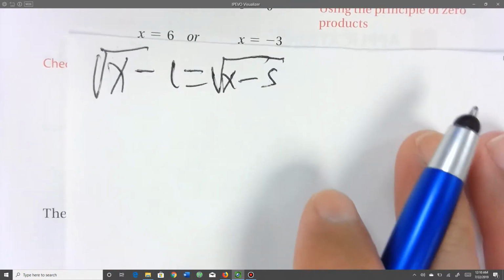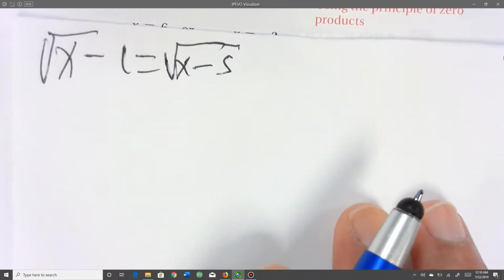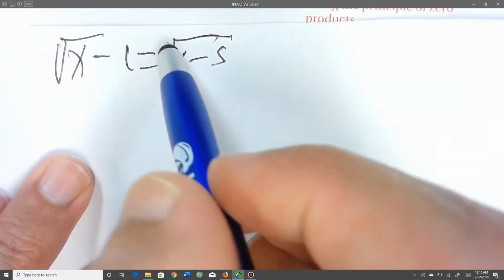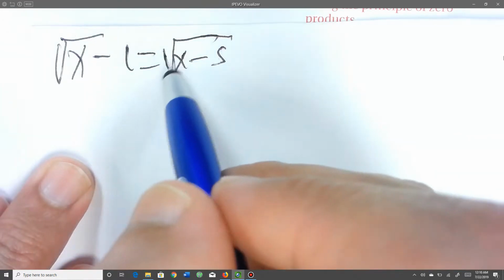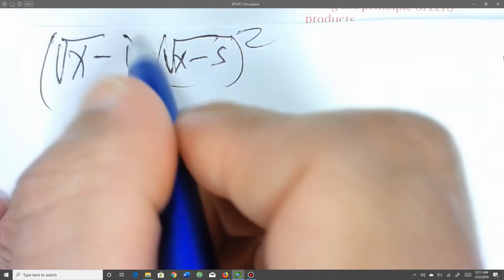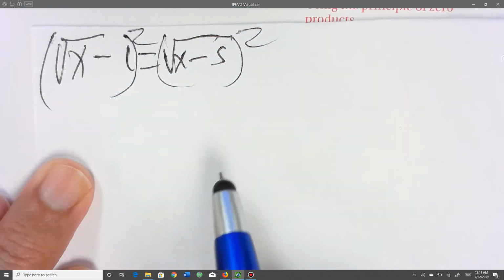I'm just gonna move up here because I ran out of room down there. One of the radicals is on one side of the equal sign already, so I'm just gonna go ahead and square both sides.